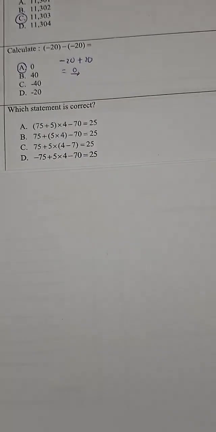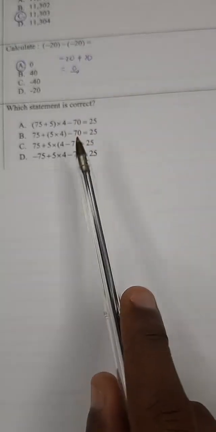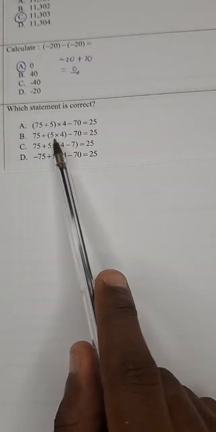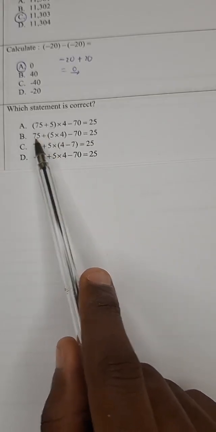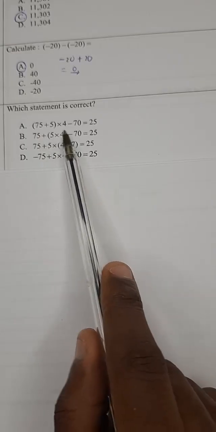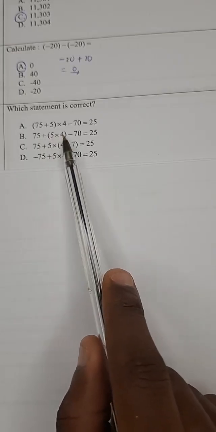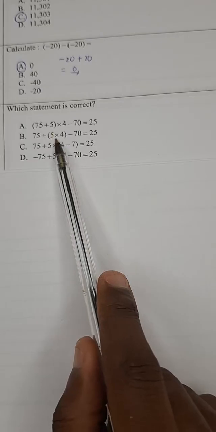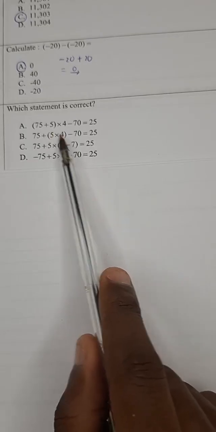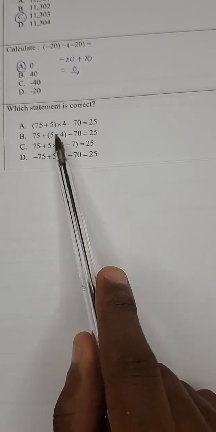So let's check if BODMAS leads to the answer, as everybody has said the answer is B. 75 here plus, we keep that for now. We take care of the brackets. What's 5 times 4? In brackets, 5 times 4 is 20. Then, what is 75 plus 20?